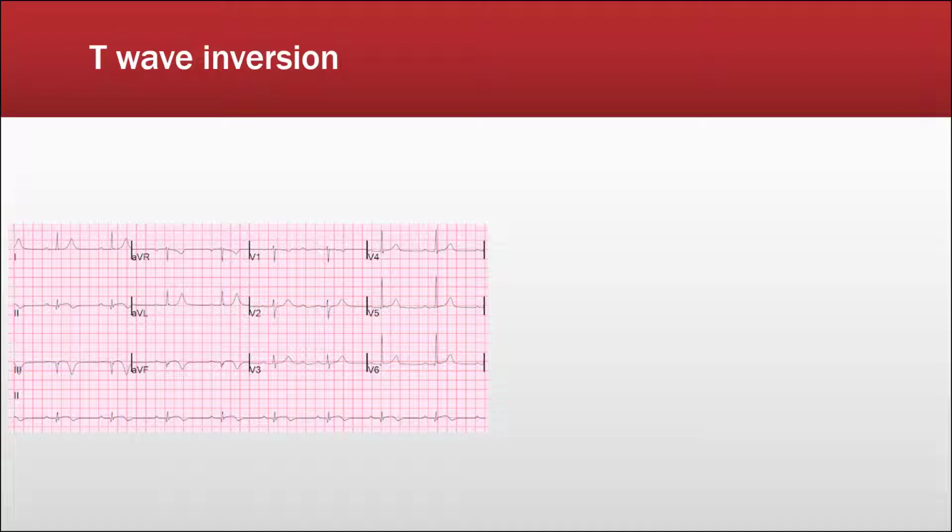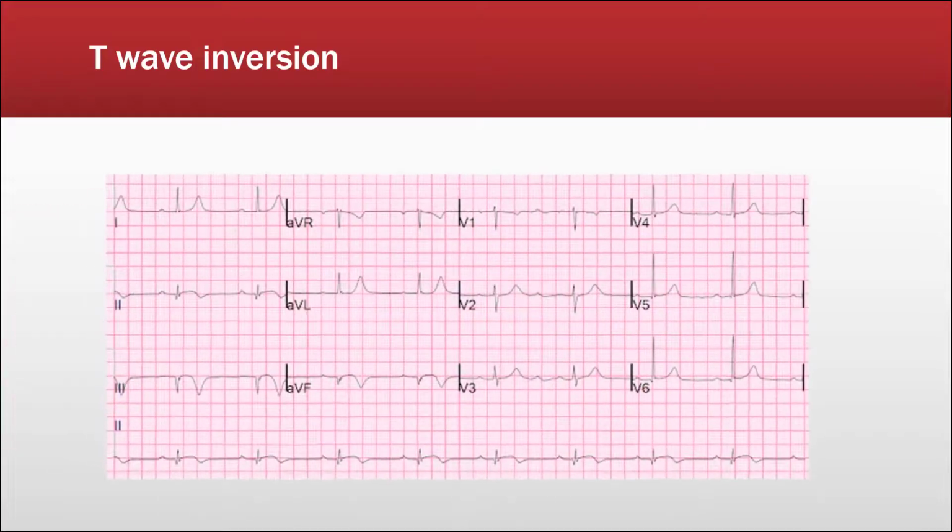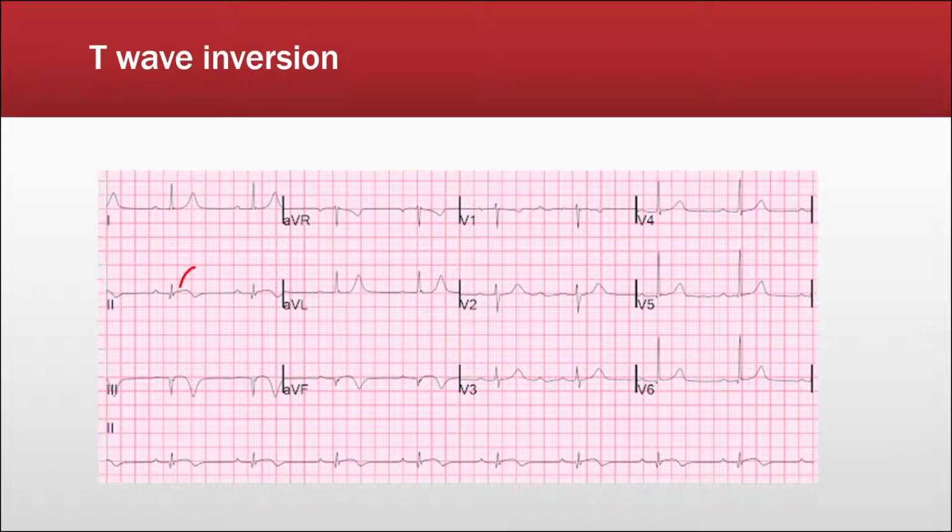The first of the examples we're showing here has inverted T waves in lead 2. We'd normally expect those to be positive, so already we should be worried. The other worrying factor is the relative size of the T waves to the QRS complexes. When I also investigate the rest of the group, that's lead 3 and aVF, they also have deeply inverted T waves.